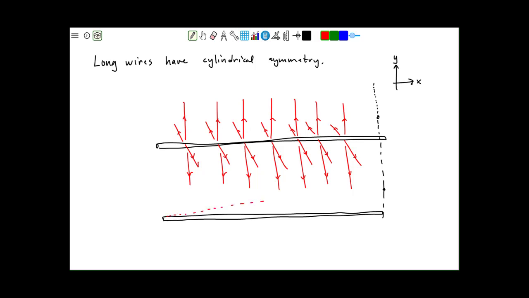So I'll just do a couple of representative electric field vectors. Here is one from the left end. I drew it kind of small because we're far away. Here is one from the middle. I'm going to draw this electric field vector a little bit bigger because we're closer. Here is one closer to the line of charge, or closer to the axis. Here is one right next to the axis.